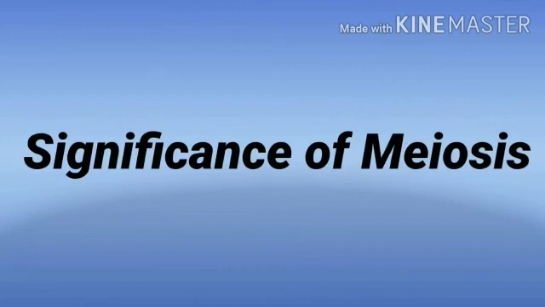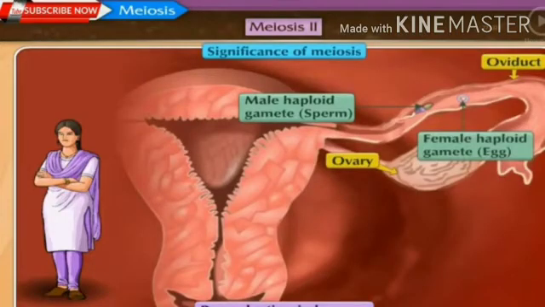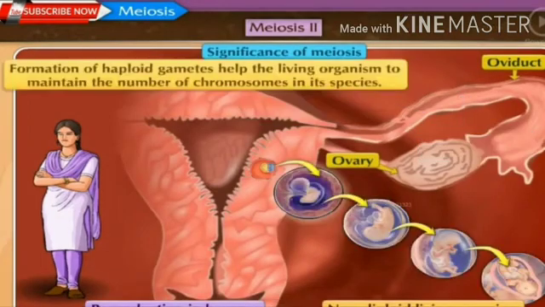Then let's see the significance of meiosis. We know meiosis is very important in the reproduction process. In reproduction, during fertilization, the male haploid gametes, meaning sperms, unite with female haploid gametes, that is eggs, and there is a formation of a diploid zygote.